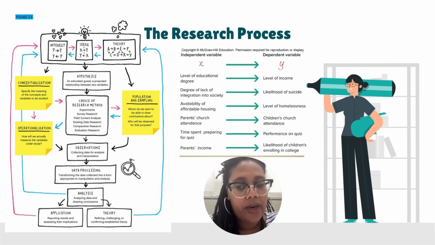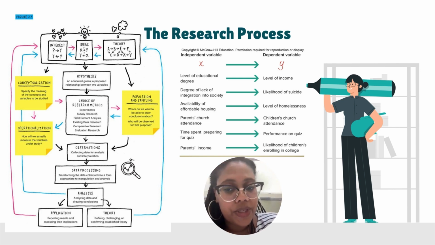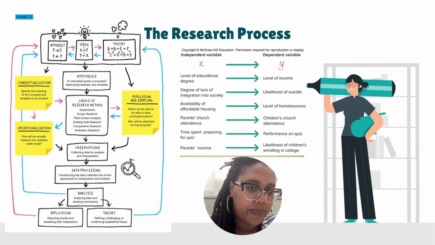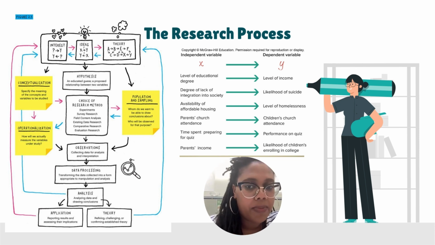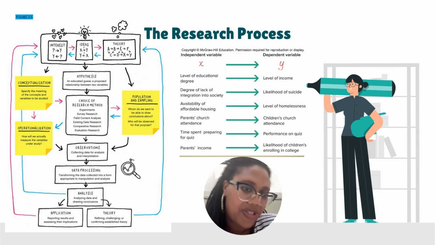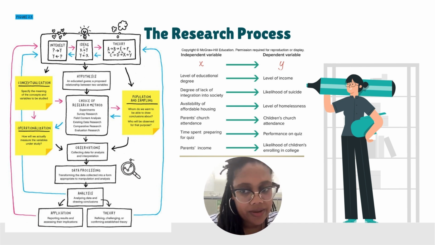Then we have the dependent variable, or the variable that's expected to change depending on the manipulation of the independent variable. And so I like to remember the difference between the two by thinking of how the independent variable influences, which also starts with an I, or how it's independent, right? How it's not depending on others.